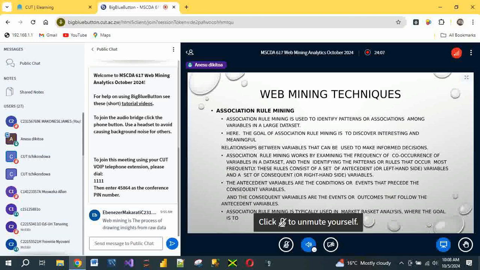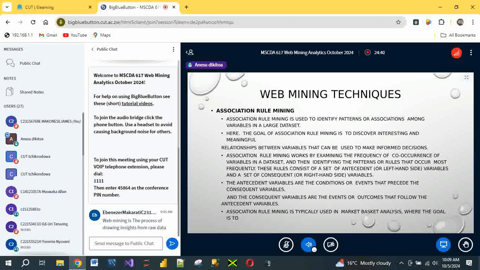Now we move on to the next technique in web mining. We now have association rule mining. Association rule mining is used to identify patterns or associations among variables in a large data set. Here, the goal of association rule mining is to discover interesting and meaningful relationships between variables that can be used to make informed decisions.